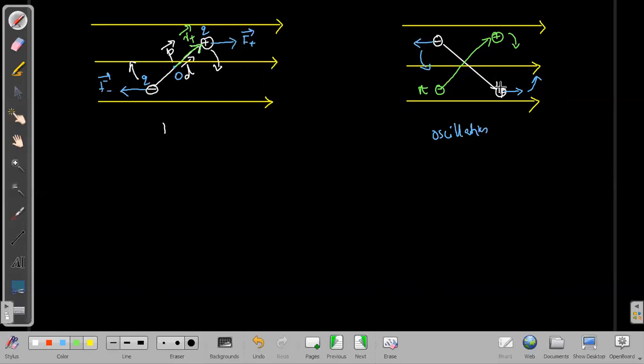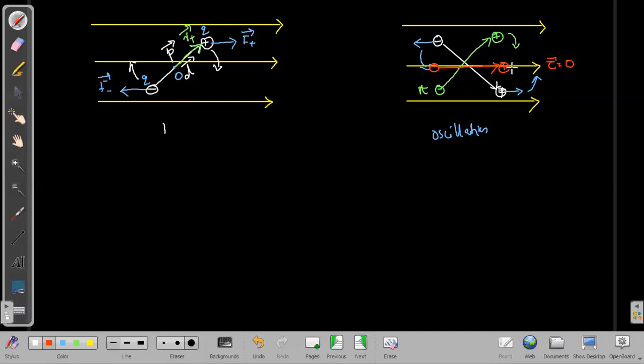And now, which is actually the equilibrium position here? The equilibrium position is the torque zero point. The torque is zero if the dipole moment is aligned in the direction of the electric field. So if the dipole is like this, then torque is 0.